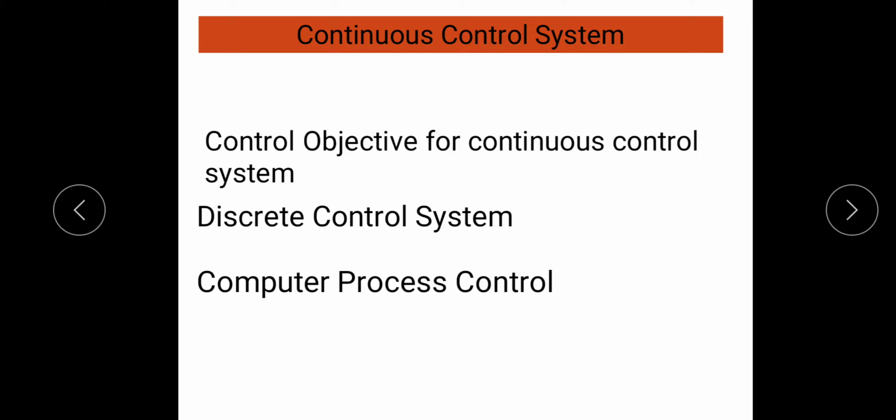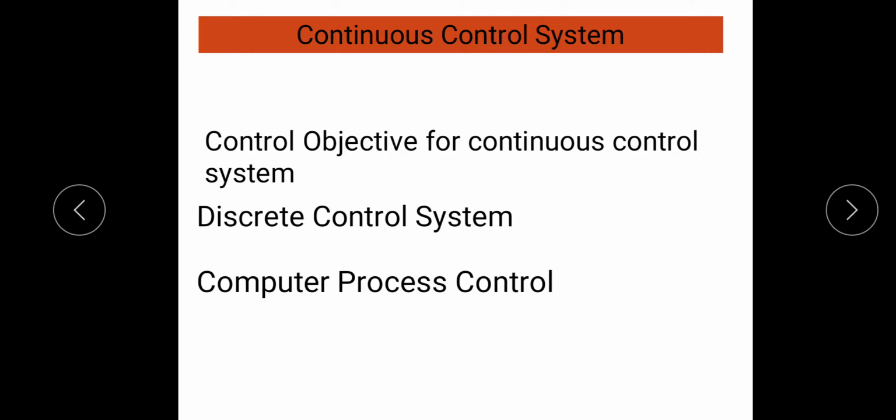Now coming to the continuous control system, what exactly is the continuous control system and how does it work, dear students? These have their objective to maintain an output value at a desired level. Often, however, the continuous control system may be segmented into smaller parts, all of which have to be individually controlled and coordinated so as to maintain the overall output variable.